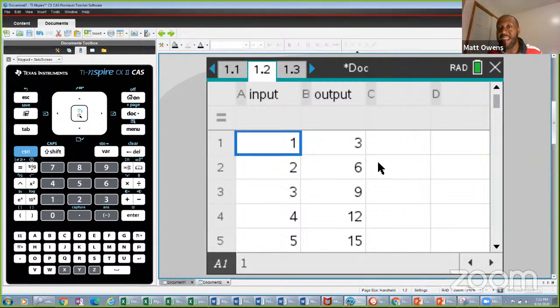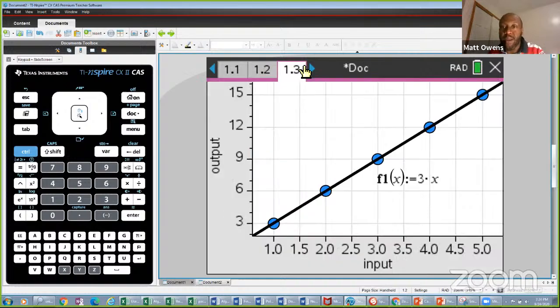So 6 minus 3 divided by 2 minus 1 would be the same quotient successively with that difference quotient. This is a big idea in high school with average rate of change and slope, okay? I love this example.